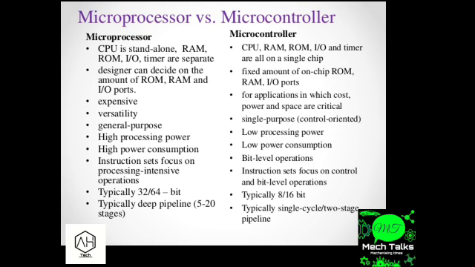For example, if you take an oven, to set a certain temperature you just require a single task. So that's the reason you don't require a highly demanding, heavily processing-powered microprocessor. You require a low computing microcontroller. So microcontrollers are being used in ovens.